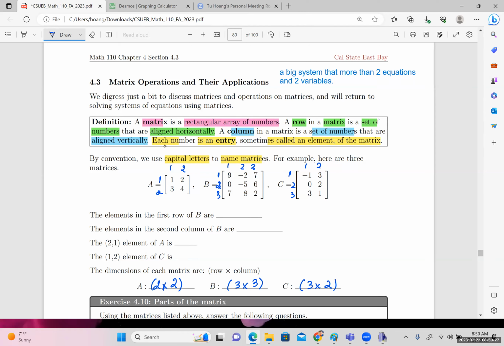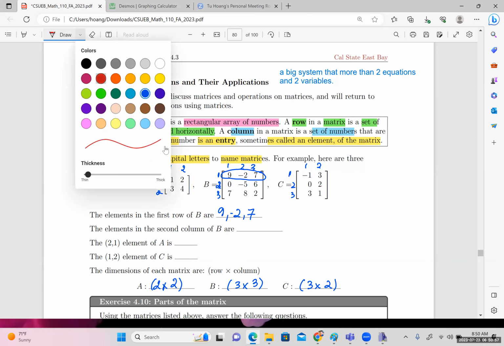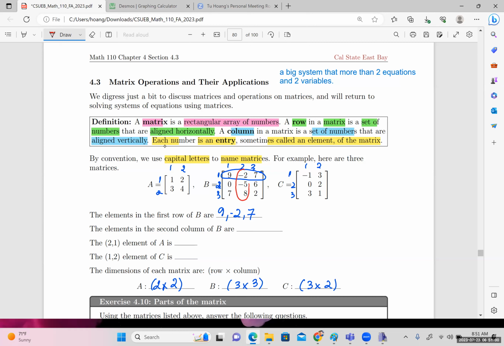So if I ask you about the elements in the first row of matrix B, you look at the first row and you have 9, -2, 7, right? For the second column in matrix B, you look at the second column here, and you say -2, -5, and 8.